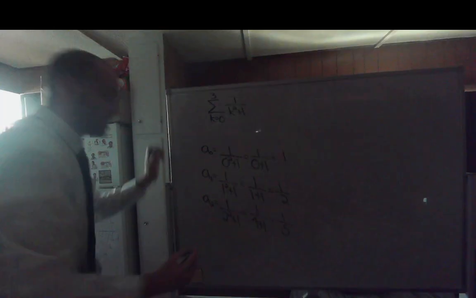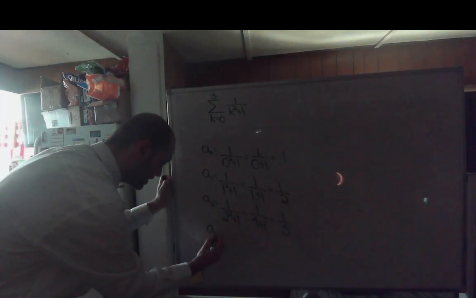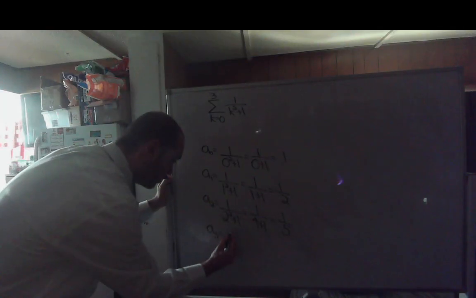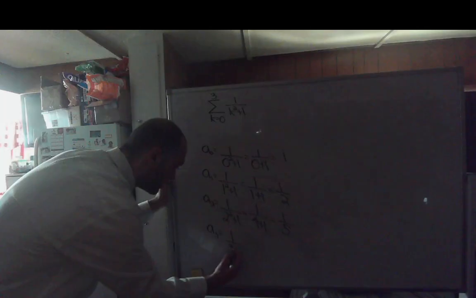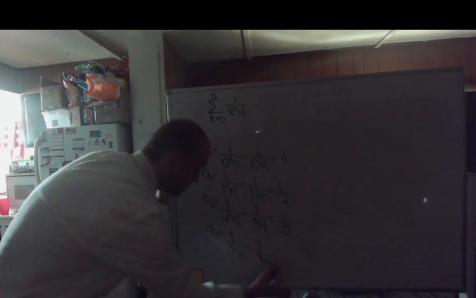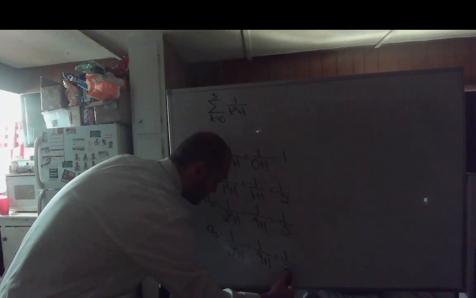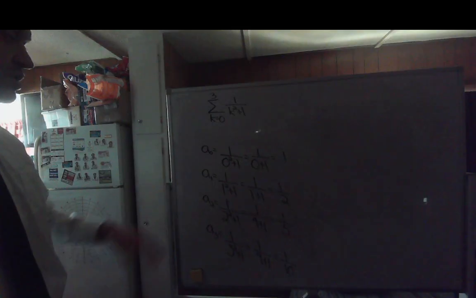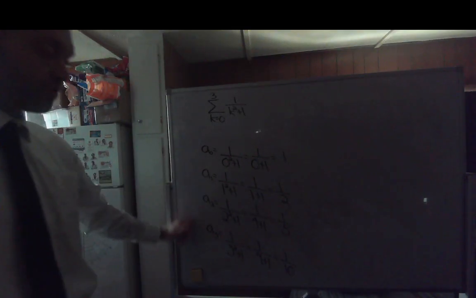And then last but not least, let's find a sub 3. A sub 3 is going to equal 1 over 3 squared plus 1, which would equal 1 over 9 plus 1, which would give you 1/10. So now we found all 4 terms.